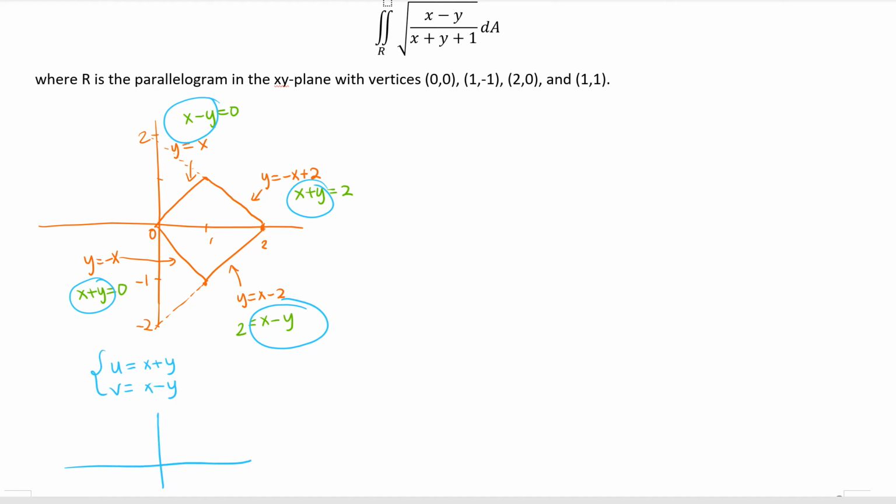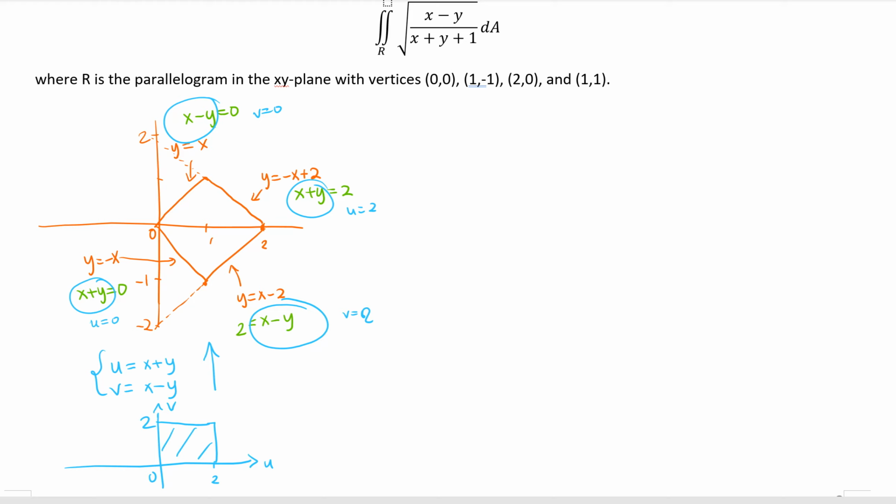Now u is between 0 and 2: this corresponds to u equals 0, this corresponds to u equals 2, so u is from 0 to 2. And how about v? This is v equals 2, this is v equals 0. So v is also from 0 to 2. This is on the uv plane. So far so good, everybody? So our transformation maps the region in the UV plane to the region in the XY plane.